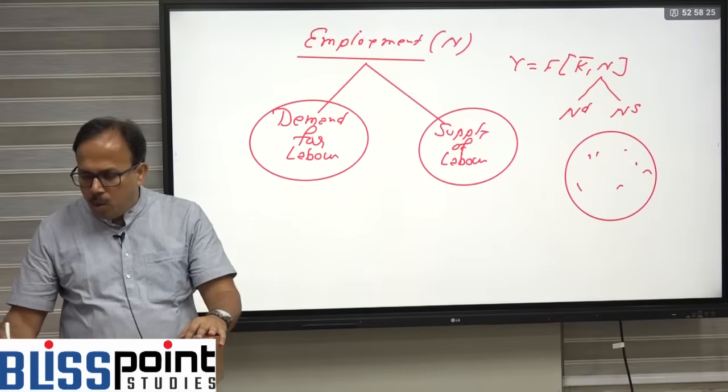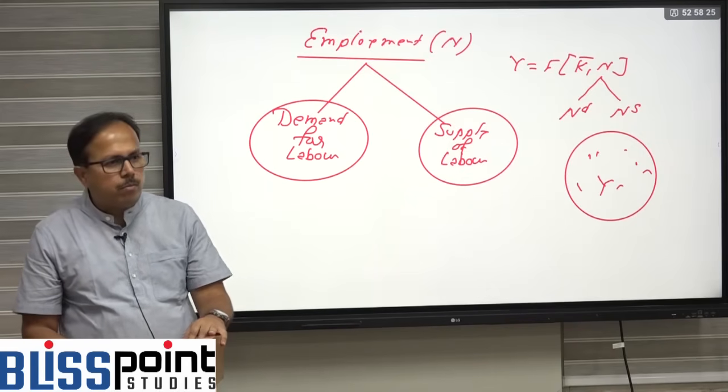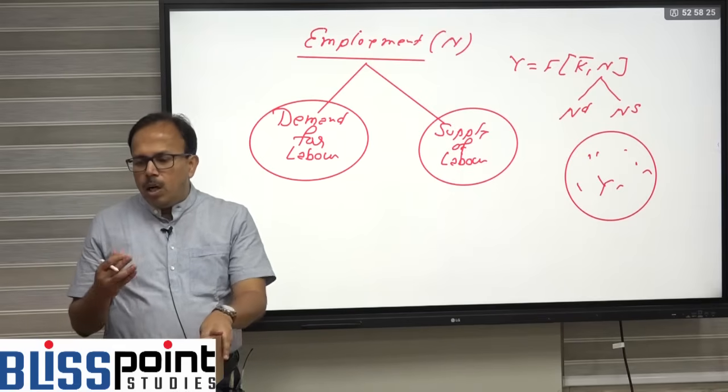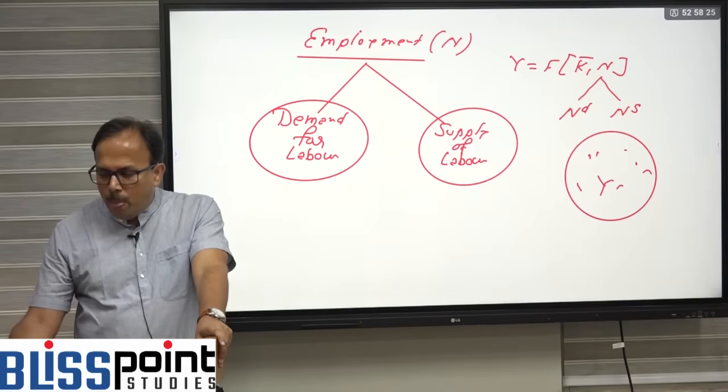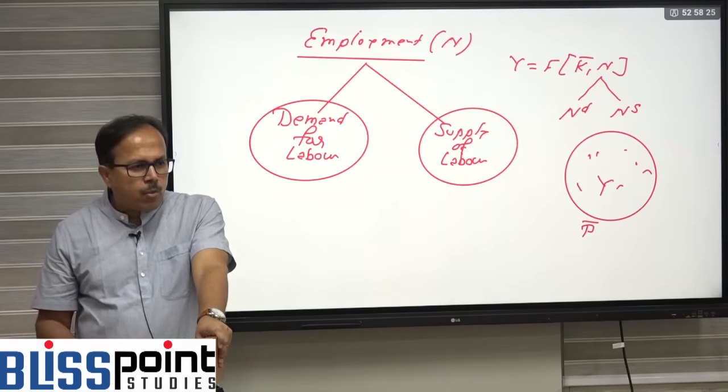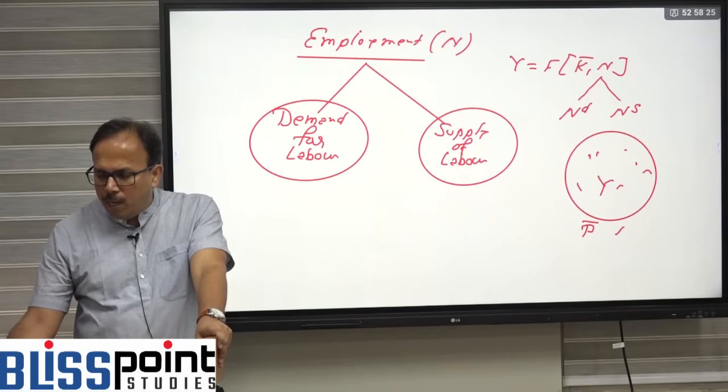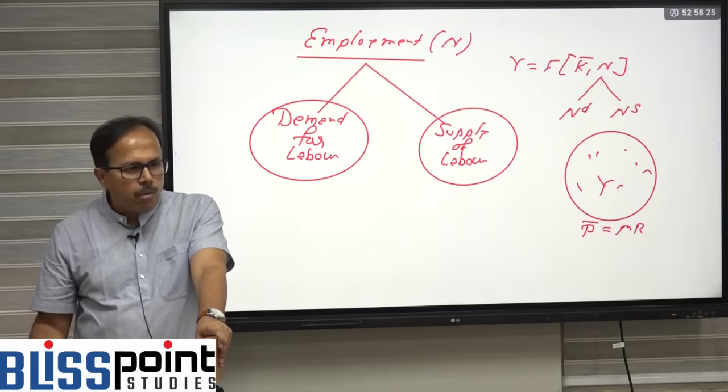That homogeneous product you are denoting by Y. Each firm is a price taker. When I say firms are price takers, that means the price of the product is constant for one firm. So when price is constant, marginal revenue will be equal to it. The values of P and MR will be equal.